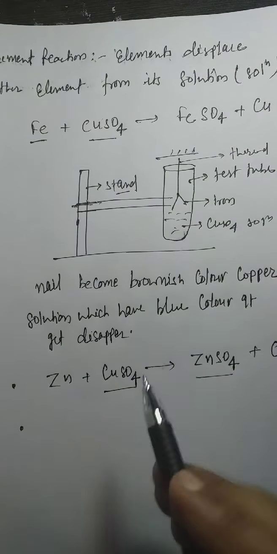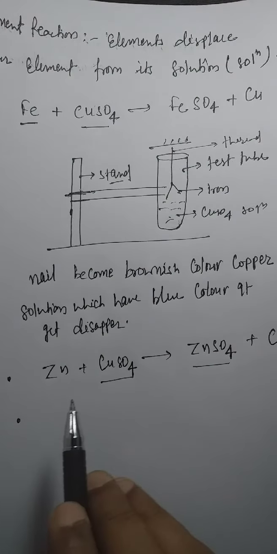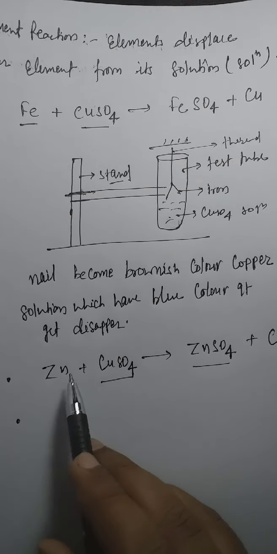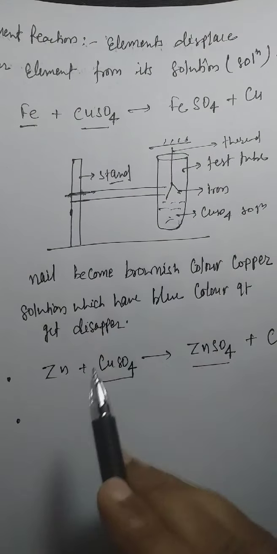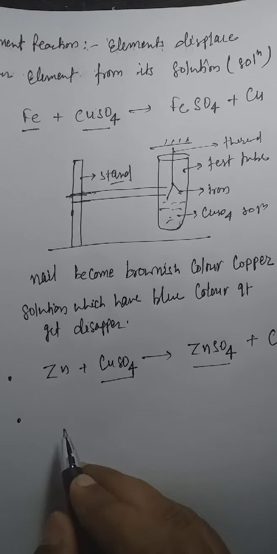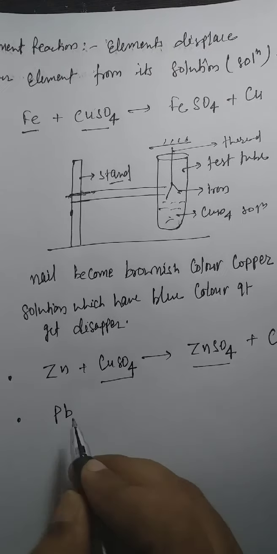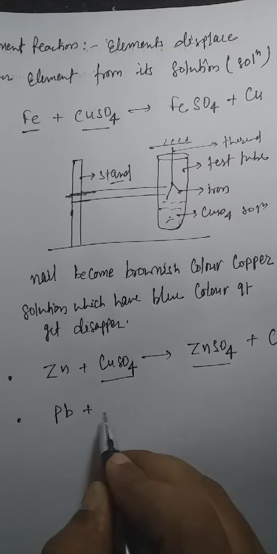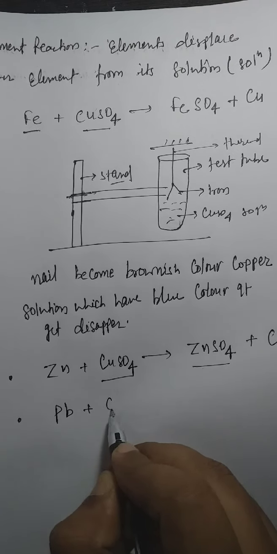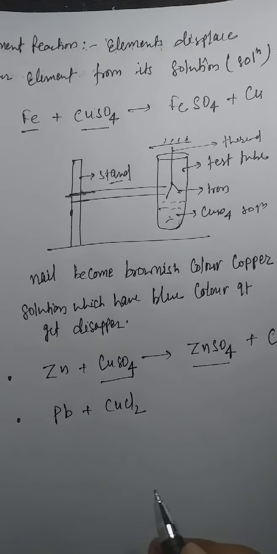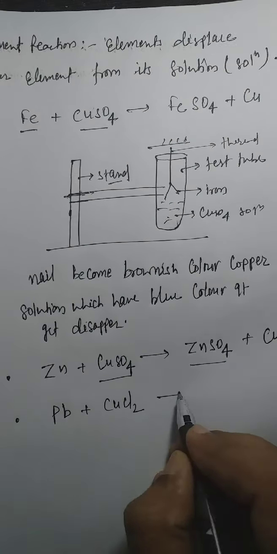Apart from that, any one example is necessary. Either take Fe with CuSO4, or Zn with CuSO4. It is up to you which is easier for you to handle at the time of examination, and that you write on paper.